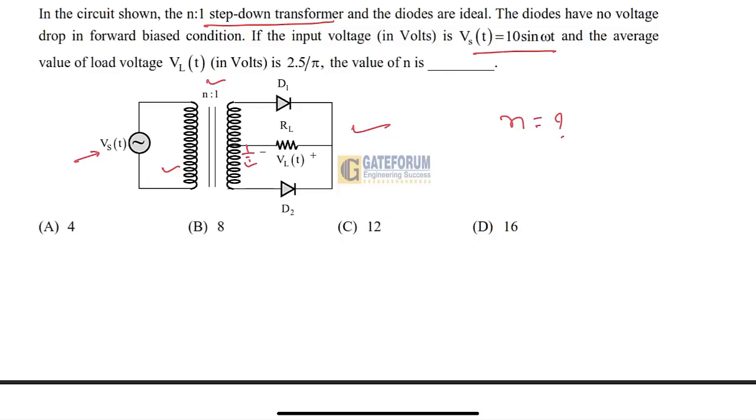So ultimately, whether D1 is conducting or D2 is conducting, the voltage appearing across RL is VL.